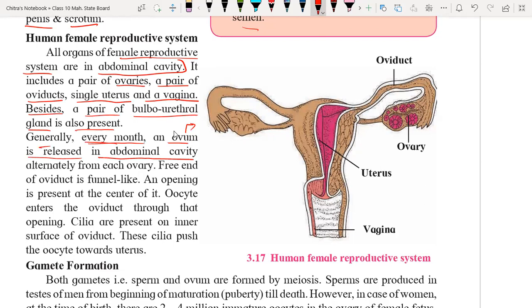See here we have the ovary and here we have the different egg cells. So these egg cells become mature and, like, in alternate months, each ovary releases an egg cell into the oviduct. So this is the oviduct, as you can see in the diagram.